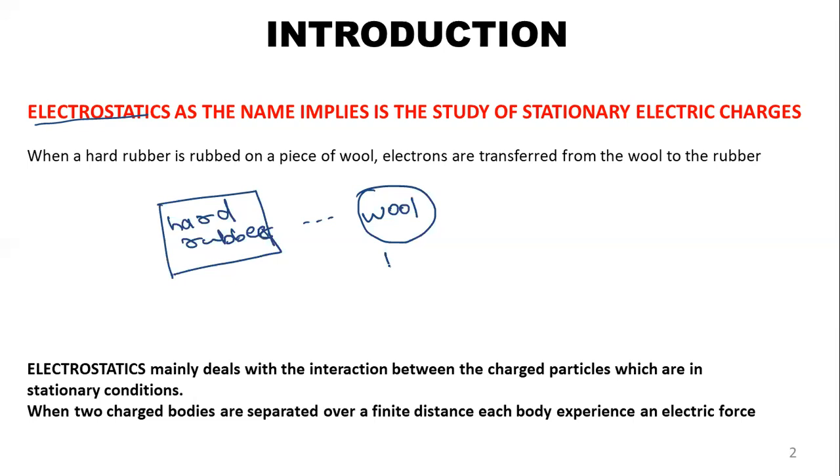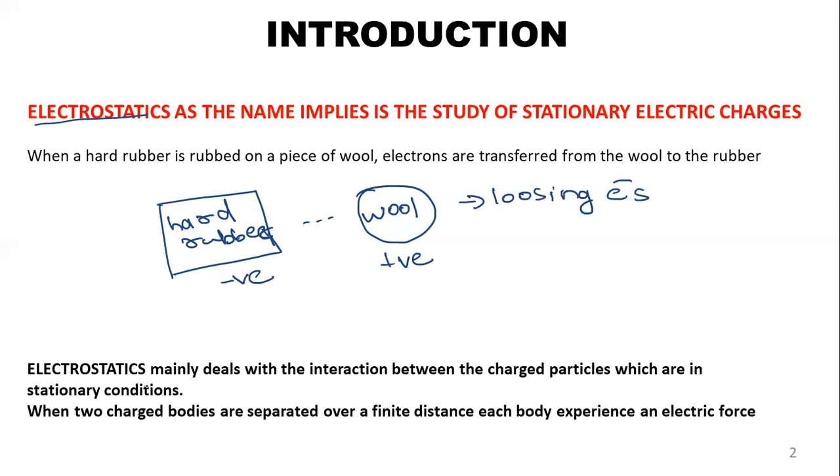That means the wool will have a positive charge and the rubber will develop a negative charge. So that is one practical example of an electrostatic charge. When they are rubbed against each other, one will be losing electrons, so it will become positively charged, and the other will be gaining electrons, so it will become negatively charged.